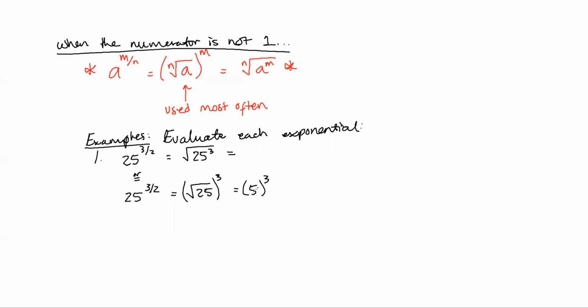It's always good to keep them, because if this were a negative on the inside, we would definitely want to keep them. So just keep them out of habit. And then 5 cubed: 5 times 5 is 25, times 5 is 125. Now, that's the nice way, so that's the way you want to always do these.